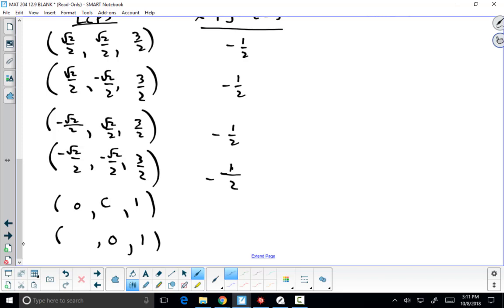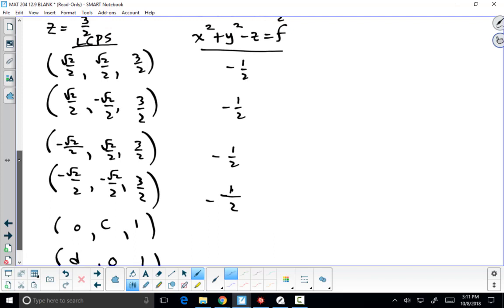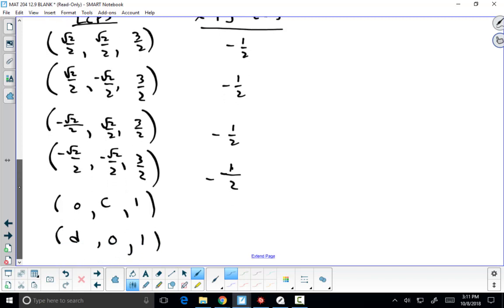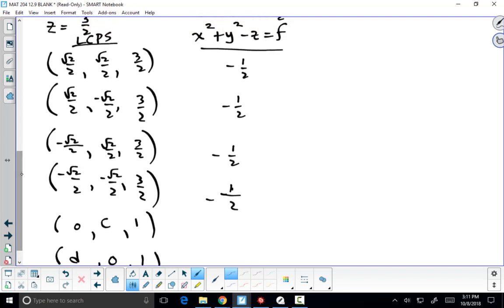Same type of thing happens with x. So then the function says that we're going to add x squared plus y squared minus z. And are we going to get a specific value, or is it going to go up and down forever? If we have 0, we're adding x squared plus y squared minus 1.